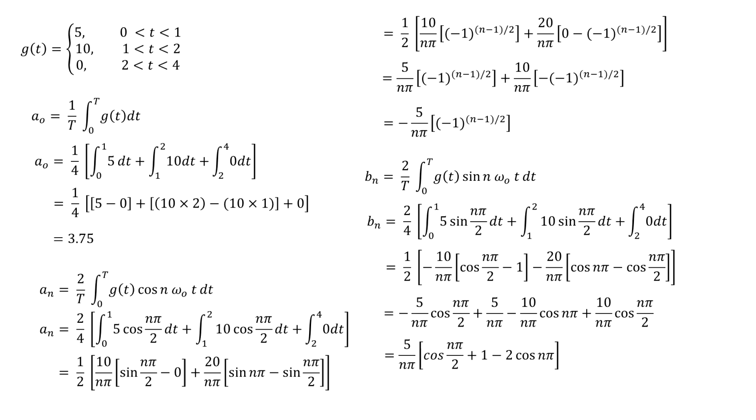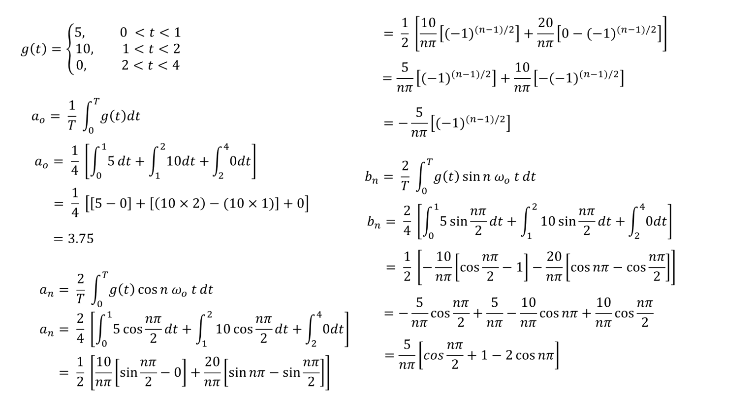Whenever you see an odd looking graph like that, you have to write down the expressions of the graph. So we have g(t) equal to amplitude 5 from 0 to 1, amplitude 10 from 1 to 2, and 0 amplitude from 2 to 4.